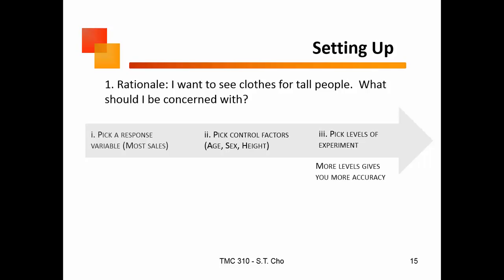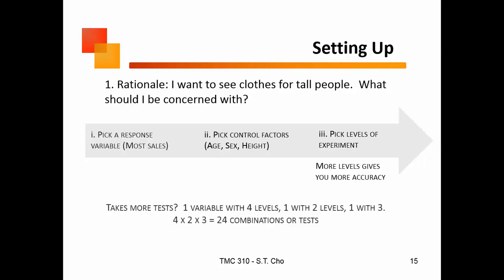And now I pick my levels of experiments, meaning for each of those control factors, what values do I want to use? Now naturally, the more levels I can pick that I want to test at, I get more accuracy. Here's the problem. I have 3 variables I'm looking at.